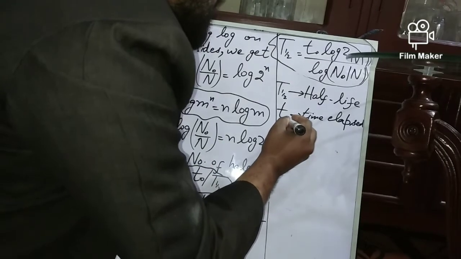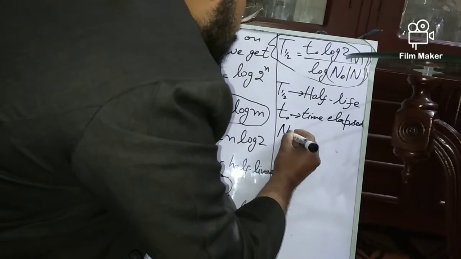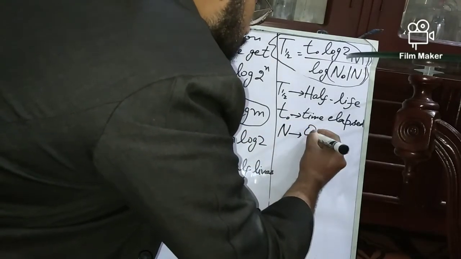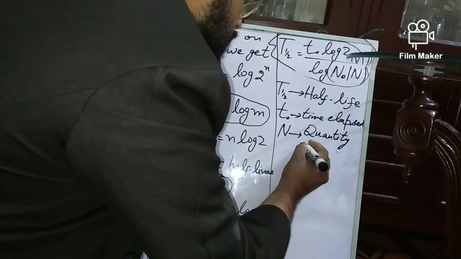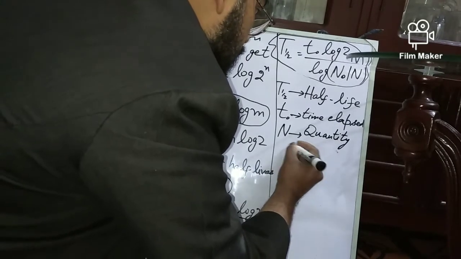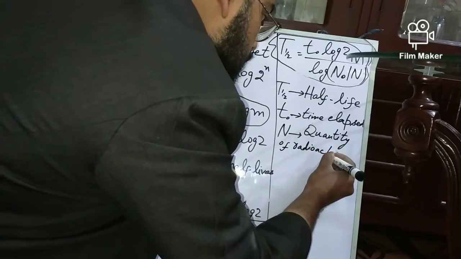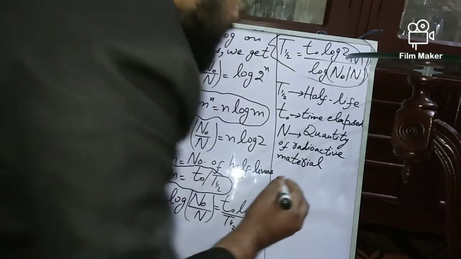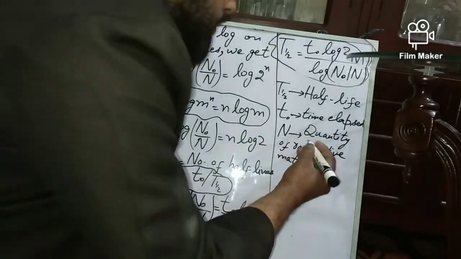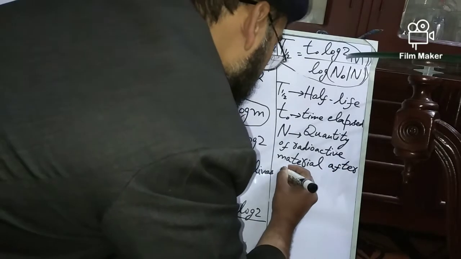And next we can calculate N, the quantity of radioactive material after decaying.